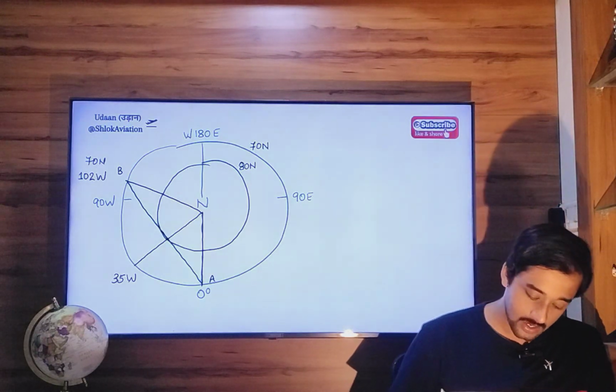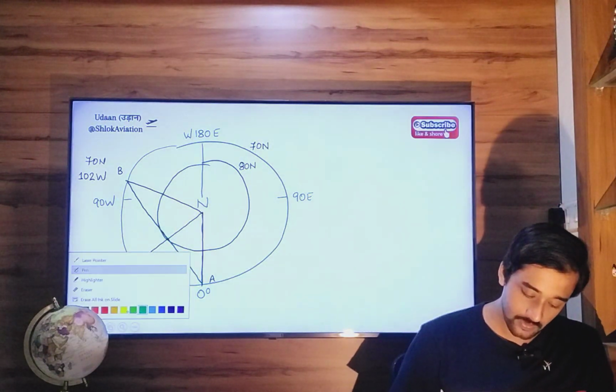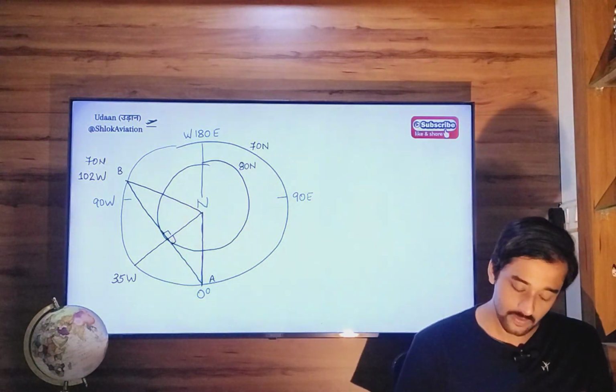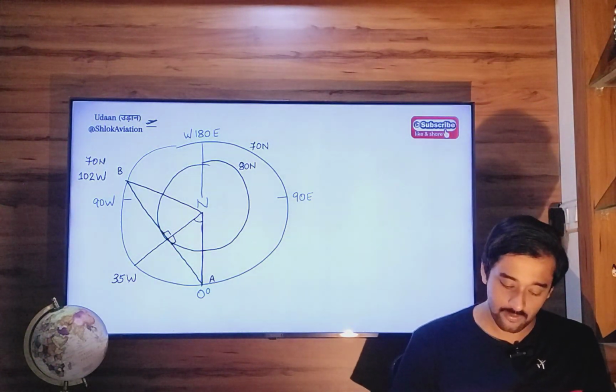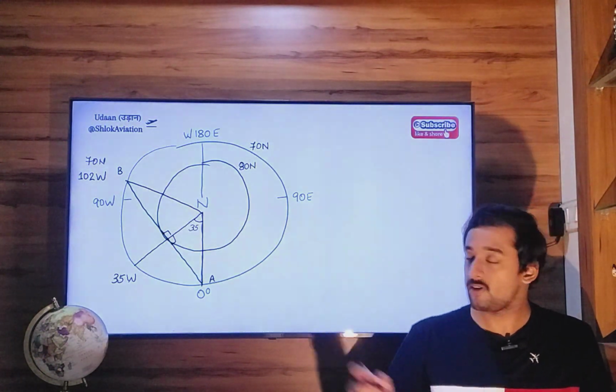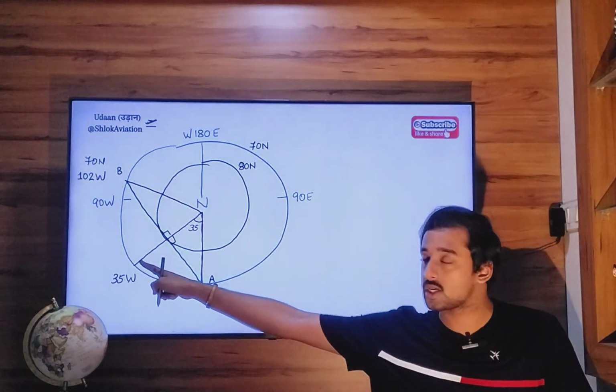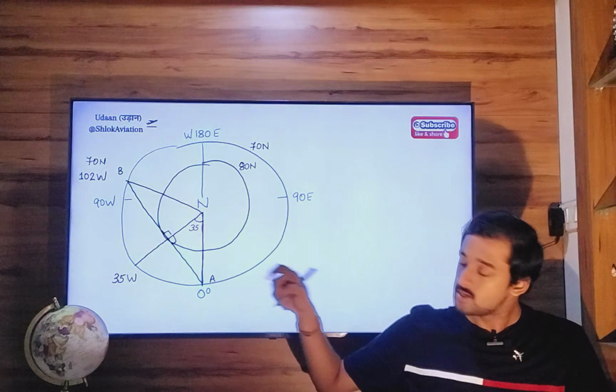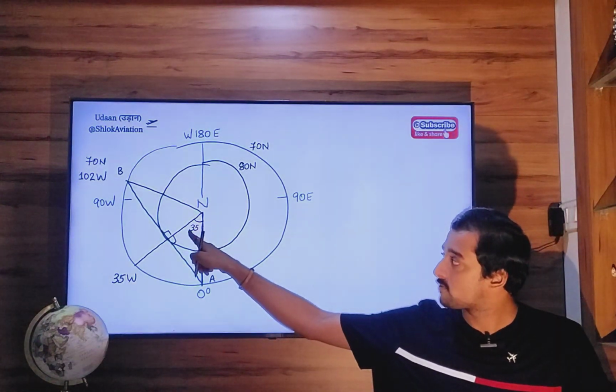Now we have two triangles. Let's label them. So this will be 90 degrees, 90 degrees. This will be 35 degrees. Why 35? Because this is 35 degree west longitude, so it will be 35 with respect to the prime meridian 0 degree. So this is 90, this is 35.